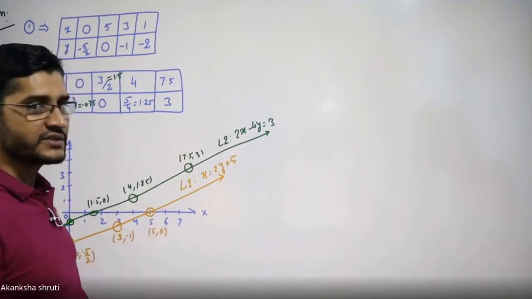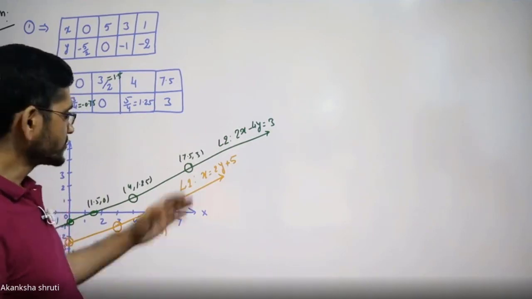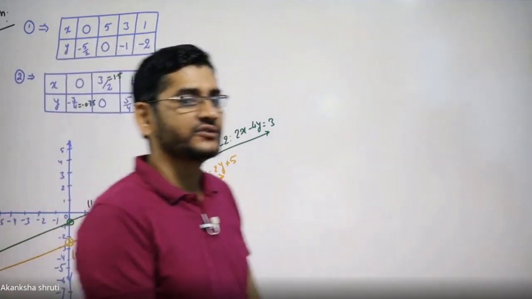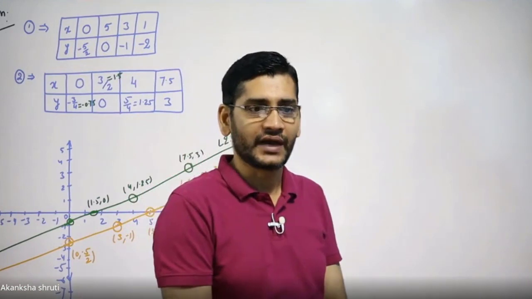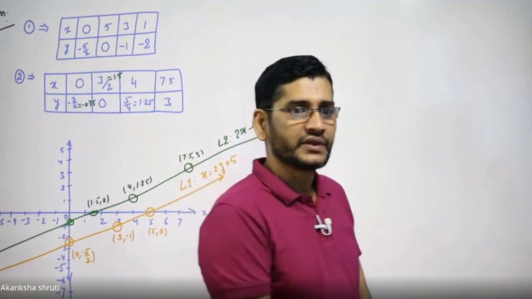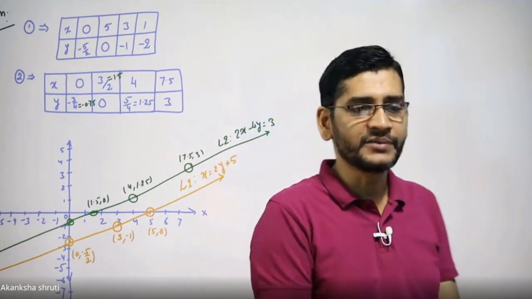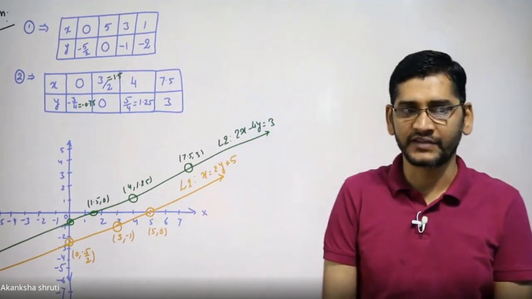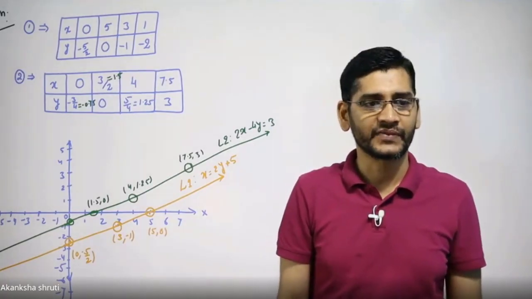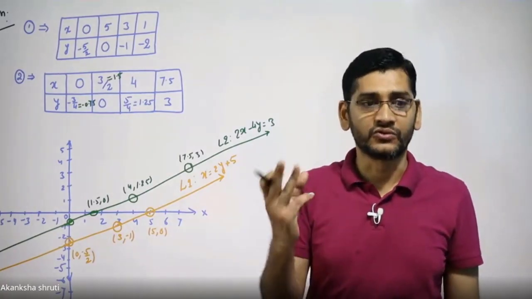Two parallel lines never intersect, or two parallel lines intersect at infinity. Therefore, the value of x and y cannot be determined. When the value of x and y is not possible, or no real value of x and y exists, that is called no solution.